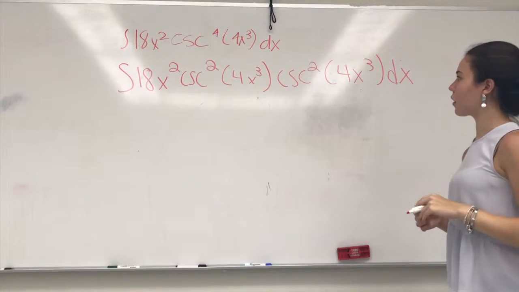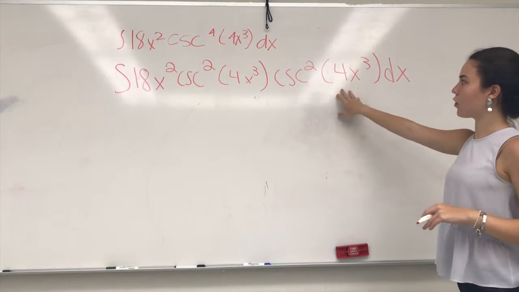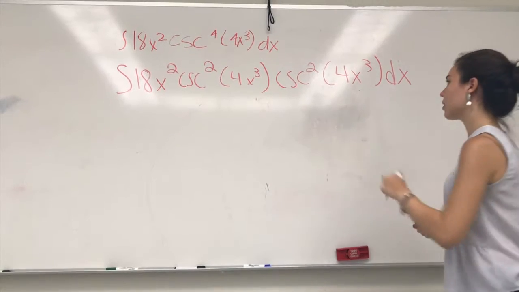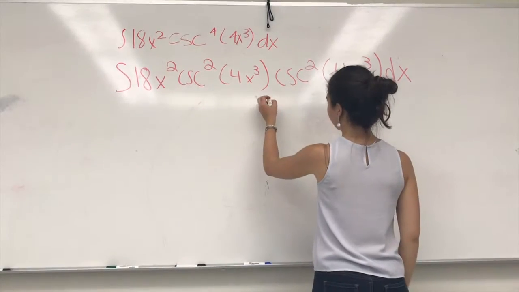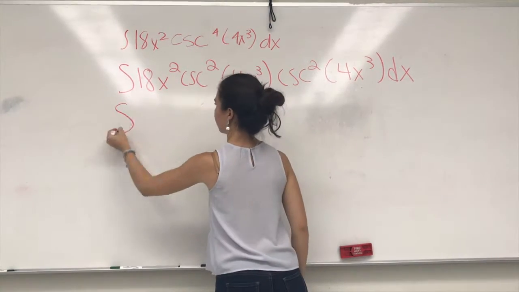The next thing you have to do is replace one cosecant squared with the trigonometric identity, which is 1 plus cotangent squared, so it will look like this.